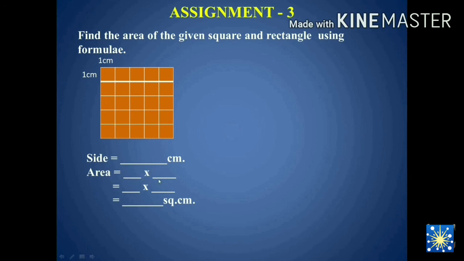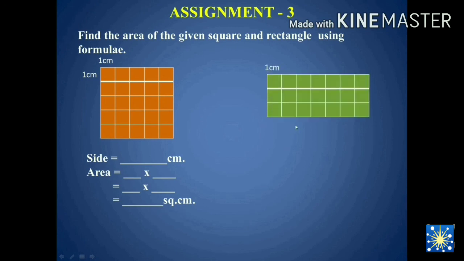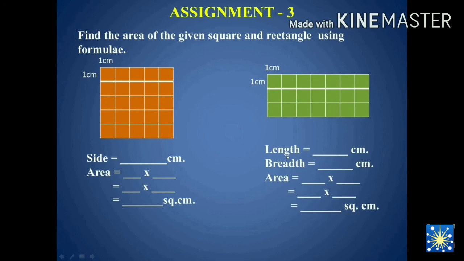First you write the formula, then put the values in it to find the area. Here is one rectangle which is having squares. The area of one square is 1 square centimeter. You have to find first length, then breadth, write the formula, then put the values of length and breadth, then calculate the area.